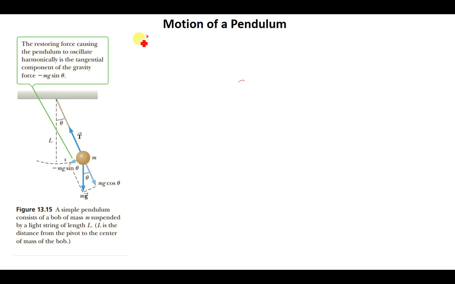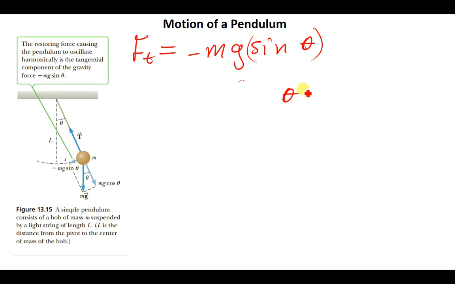the tangential force that we found, which was equal to negative mg sine theta, we can replace sine theta with theta, because we said theta in radians is equivalent to sine theta in degrees.